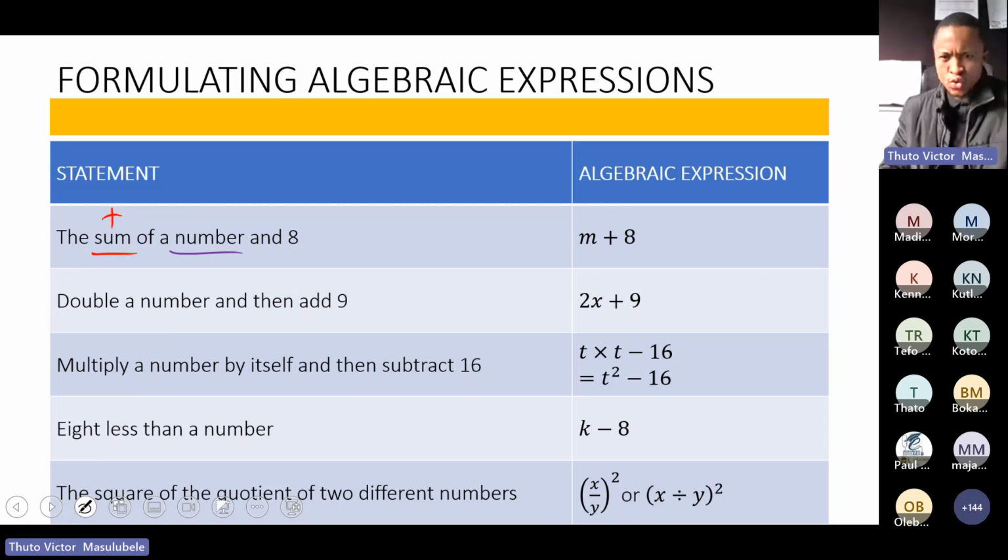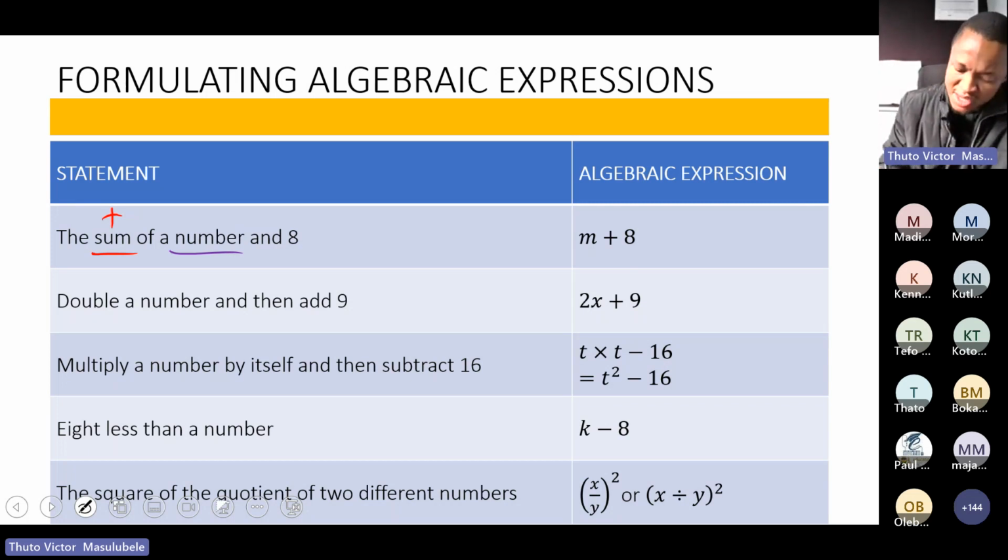And what do we do in mathematics to represent an unknown quantity? We introduce variables. Variables meaning any letter of the alphabet. So we are trying to find the sum of a number, this unknown number, and 8. Well, 8 is quite explicit. Whatever that number is, we must find the sum of that number and 8.